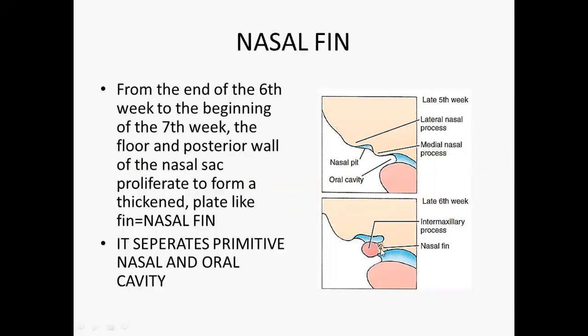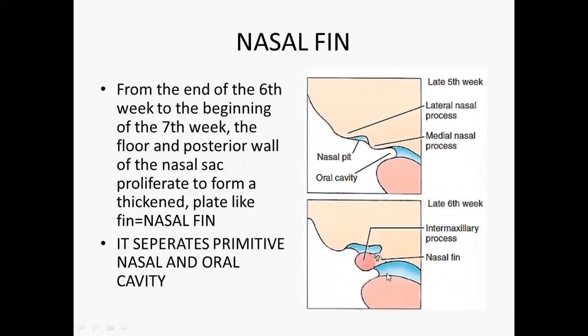Then what happens from the end of the 6th week and the beginning of the 7th week? There is thickening of the floor and the posterior wall of this nasal sac. This thickening is like a plate, so it is known as the nasal fin. This nasal fin separates the primitive oral cavity from the nasal cavity.